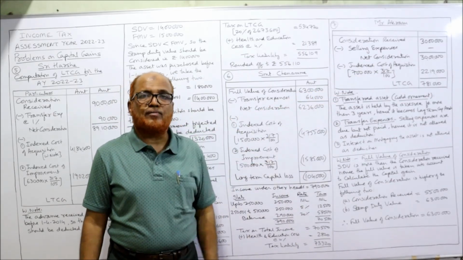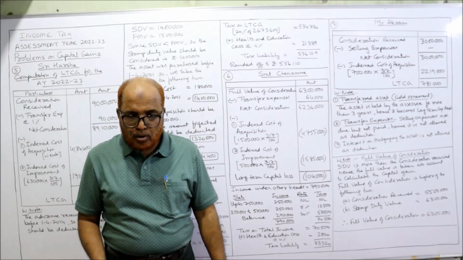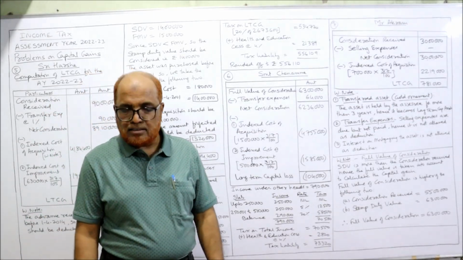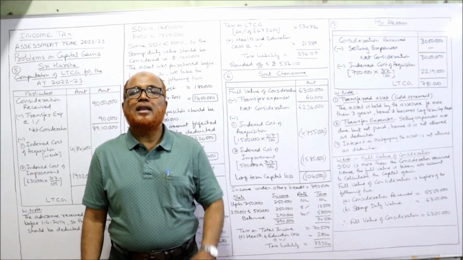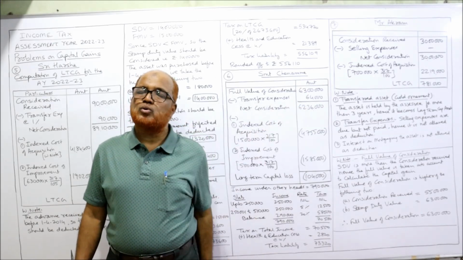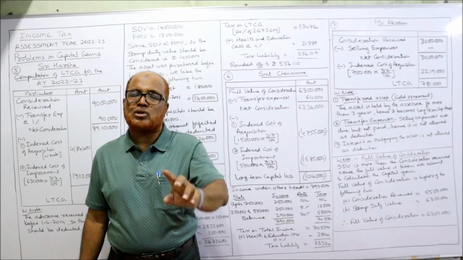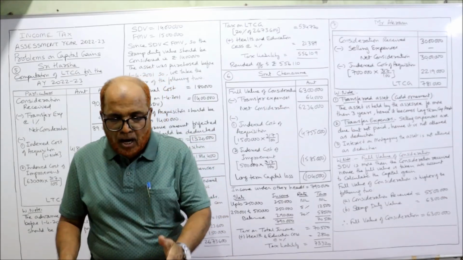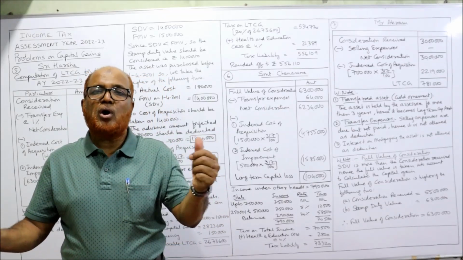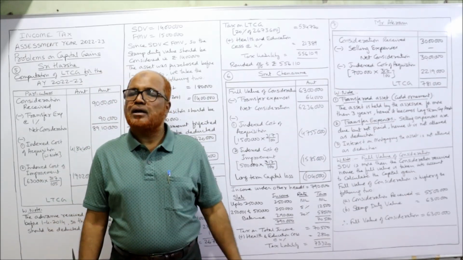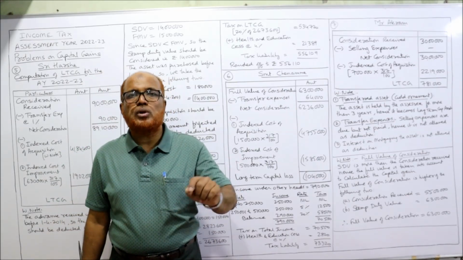Less indexed cost of acquisition. The gold ornament was purchased in 1998. For any asset purchased before 1/4/2001, the assessee can choose the higher of the following two: actual cost or fair market value. But in our problem, FMV is not given. Fair market value is not given. So we take the actual cost.